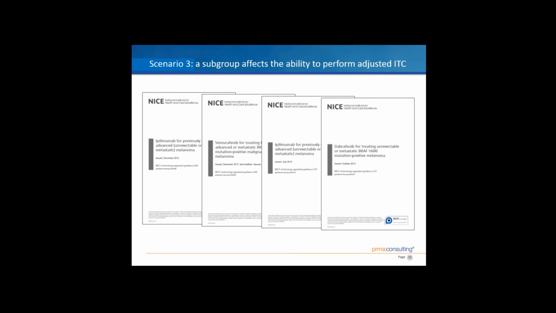And I think the canonical example of this right now is melanoma. And if you look at the slide here, I've essentially laid out the story of approval for treatments for melanoma in England and Wales over the last 4 years, more or less, beginning with Yervoy, Zelboraf, Yervoy again, and Tafinlar.